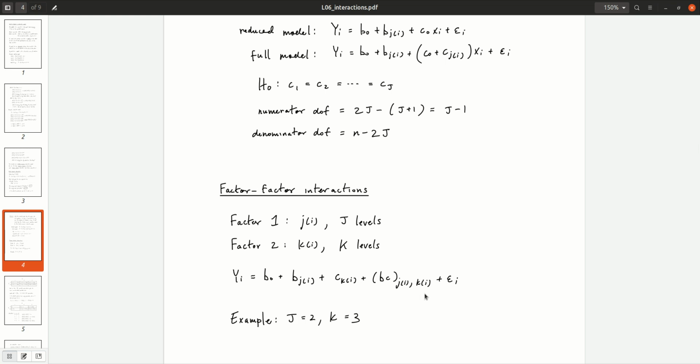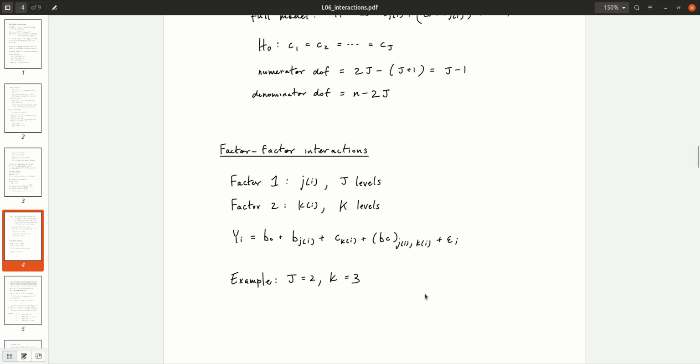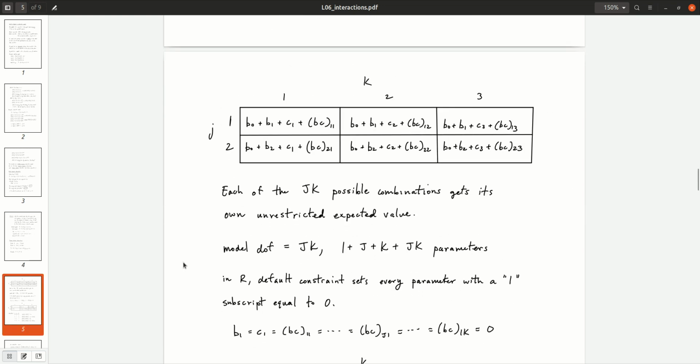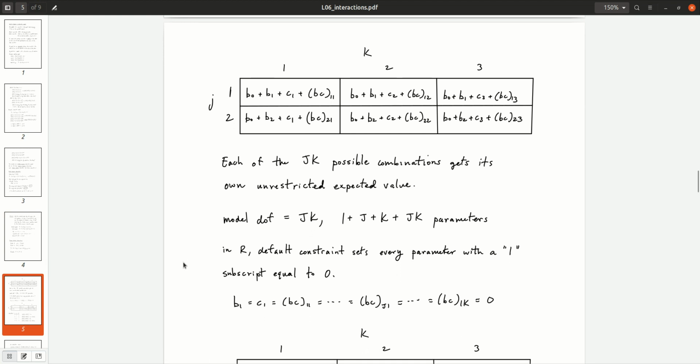To see what I mean by that, let's just look at an example here. And this example is going to have J equals 2 and K equals 3. So since there are 2 levels of the first factor and 3 levels of the second, we can write out all of the expected values for each of the 6 combinations in a 2 by 3 table or array.